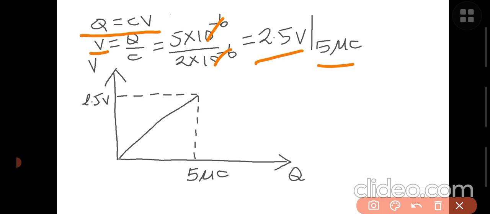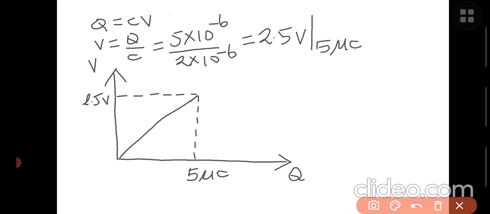So the curve is linear. From 0 to 5 microcoulomb, the voltage is rising linearly. So our option is A.